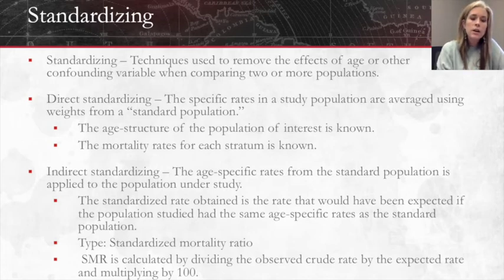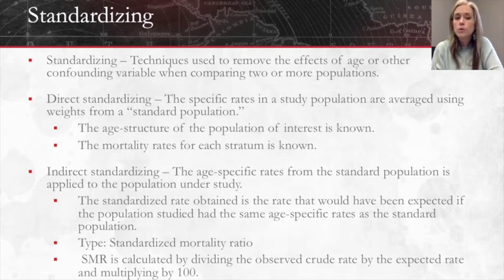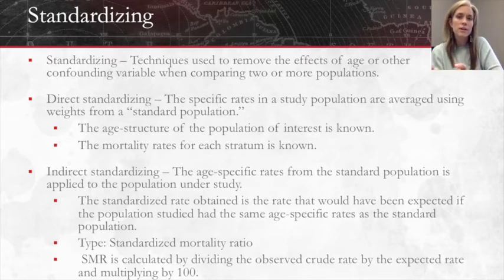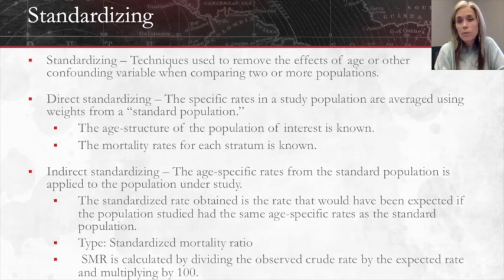And so if you don't have that, if it's unavailable or unstable, then you move to indirect standardizing. What ends up happening is that instead of using the mortality rates from the population that you're trying to study, you instead use death rates from a standard population. Okay, and so you can see why that would be less desirable, because you have this population of interest, but the death rates that you use to study the population come from a standard population instead.